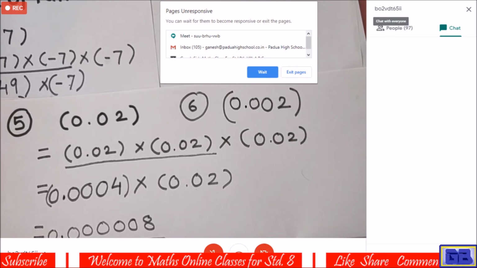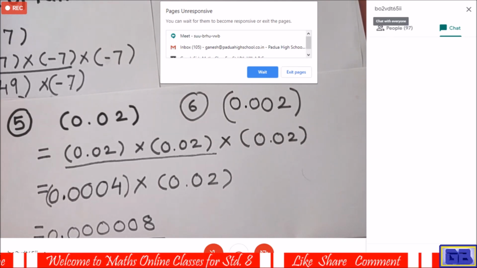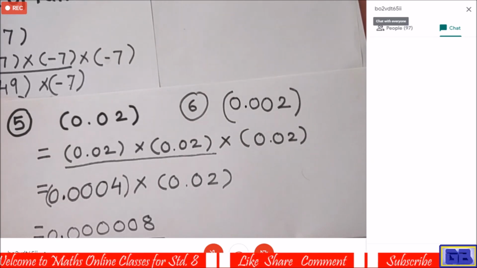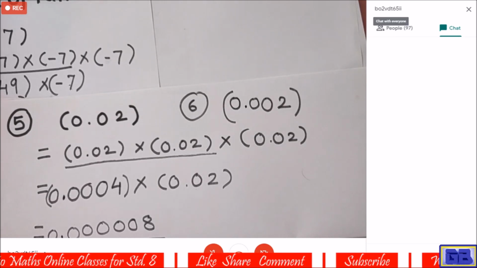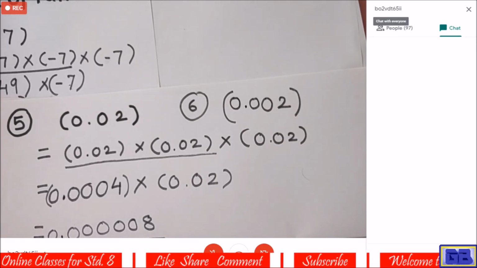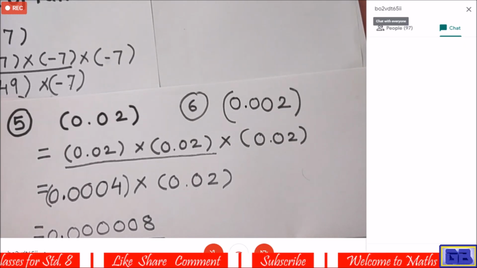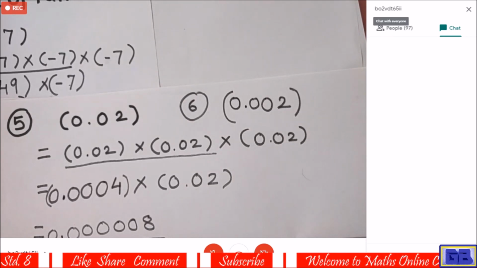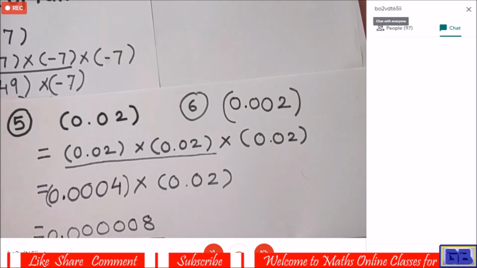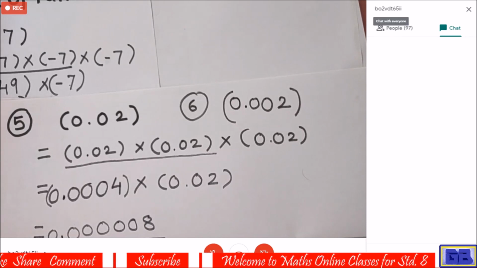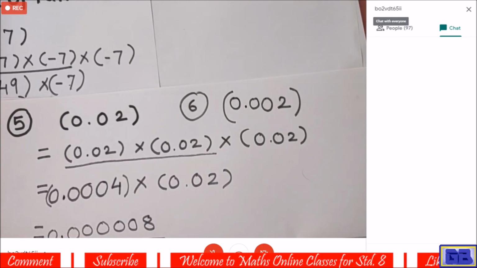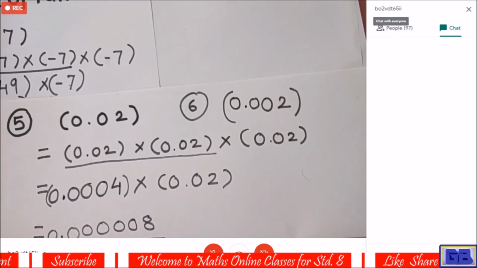So 0.000000008. Understand this concept? So we have seen 3 rules here for the cube of rational numbers: when the number is positive, when the number is negative, and when the number has a decimal point.